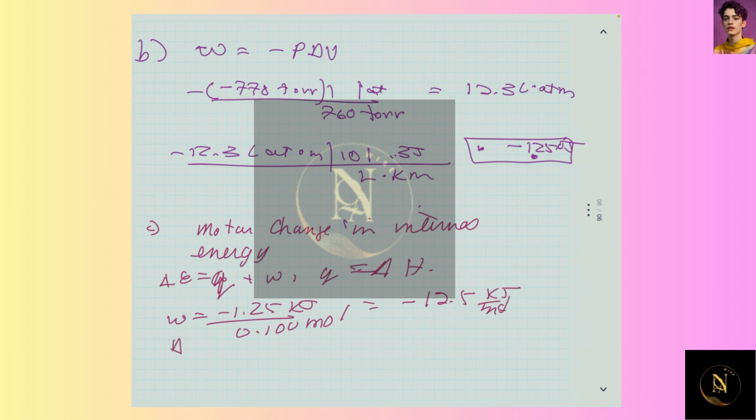And the delta E is, of course, equal to delta H minus P delta V. Okay, I'm just making sure I got this down here.